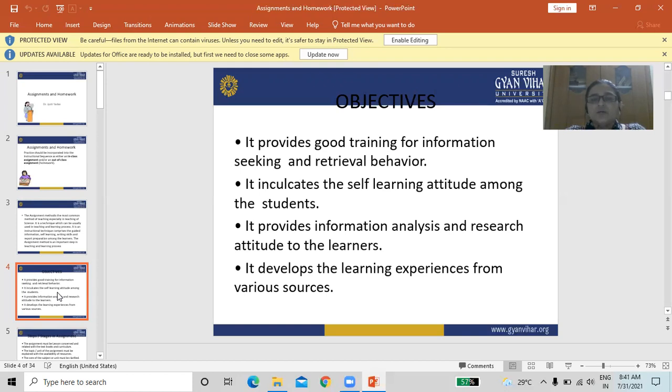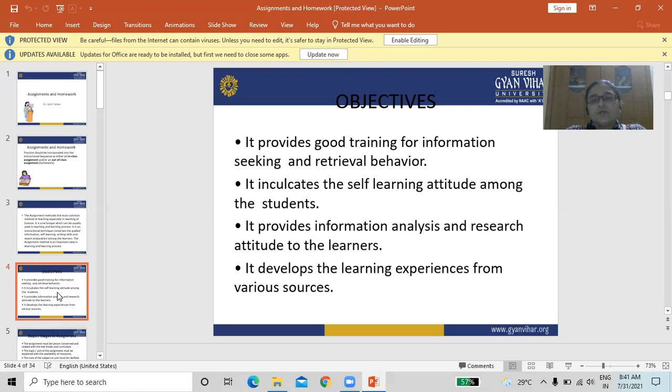It provides information, analysis, and research attitude to the learners. In a general assignment, the student searches on their own, so it provides the scientific attitude. They search the information, they analyze the information.